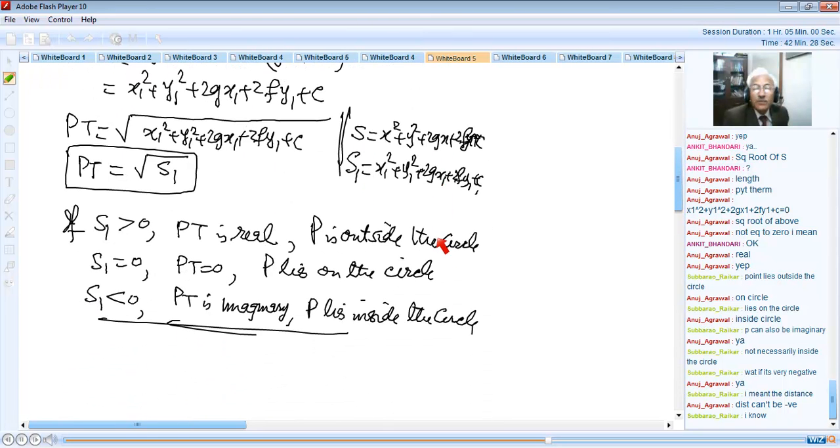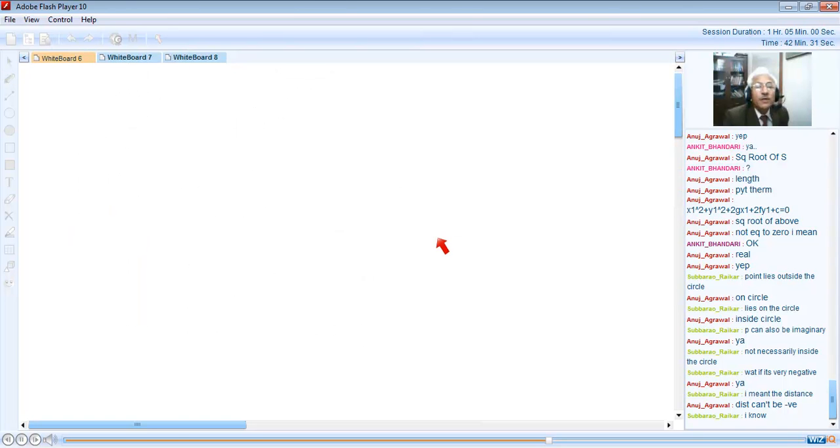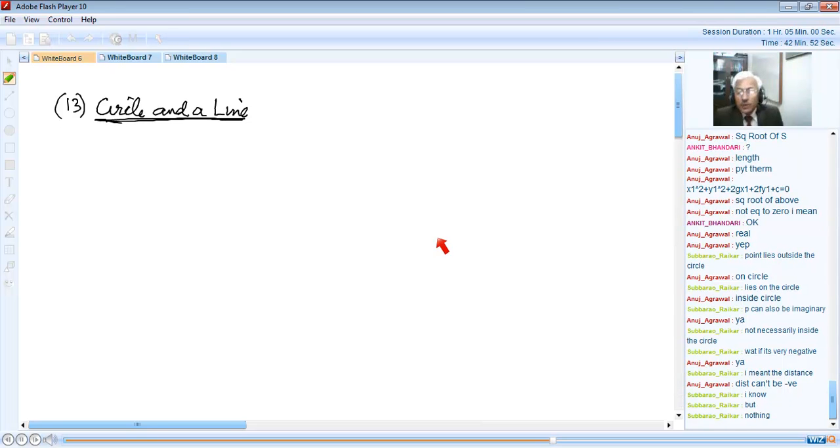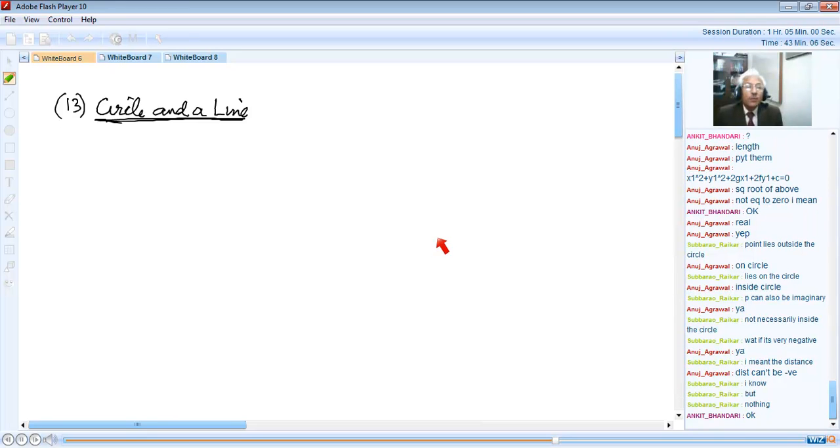Okay, we take up the 13th point now. Now I am taking a relationship between a circle and a line. Suppose this is a line.